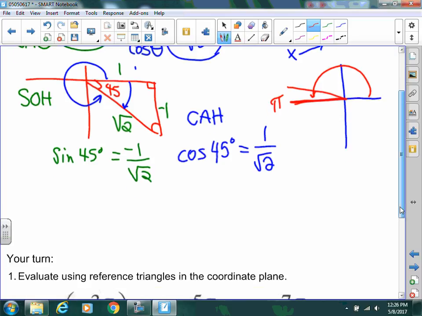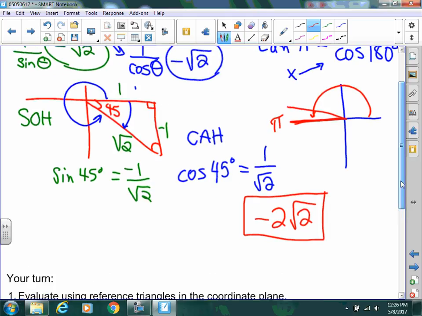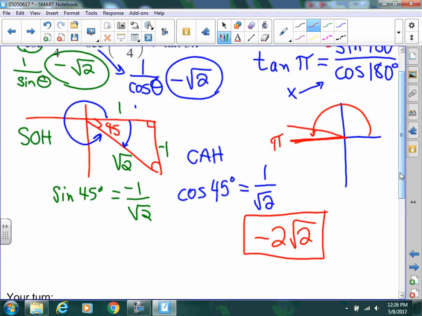If I put those together, I get 2 of those, and they're negative, right? I have one negative square root of 2, and then I have another square root of 2, and it's negative. So I have 2 negative square roots of 2. That's it. I just added them together. They're both negative, so I got 2.